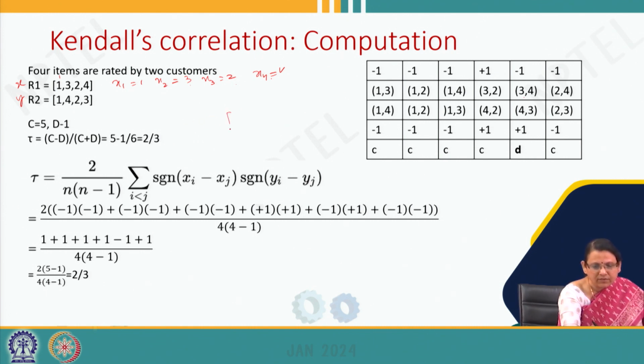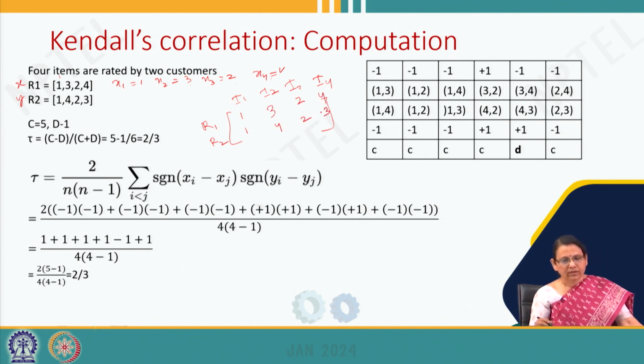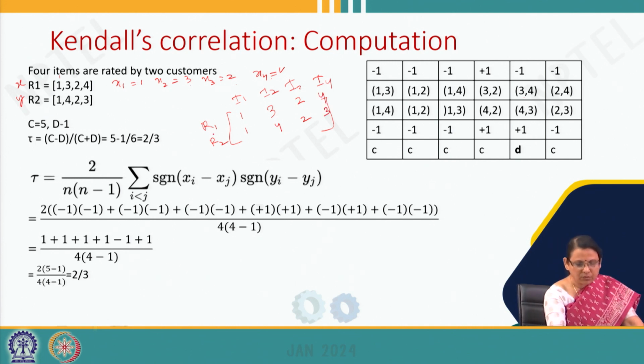Item 1, item 2, item 3, item 4: the ratings are 1, 3, 4, 2 for one customer and 2, 4, 3 for the other. The same customer has given item 1 rating 1 and item 3 rating 3, and the second customer gave 1 to item 1 but 4 to item 2.